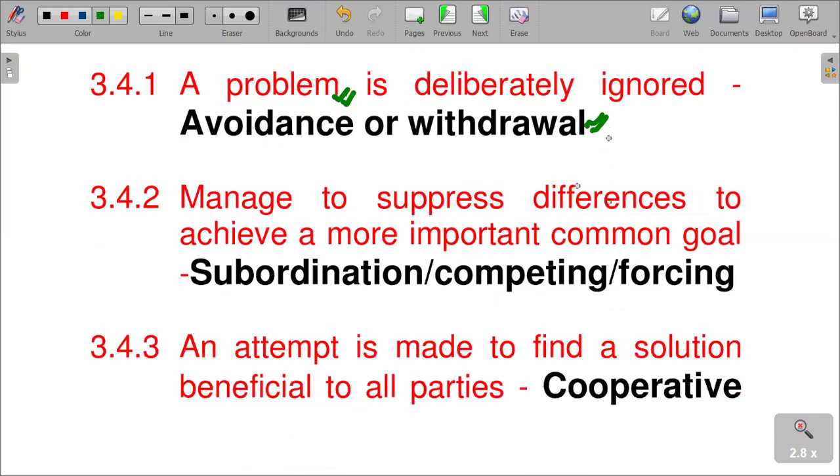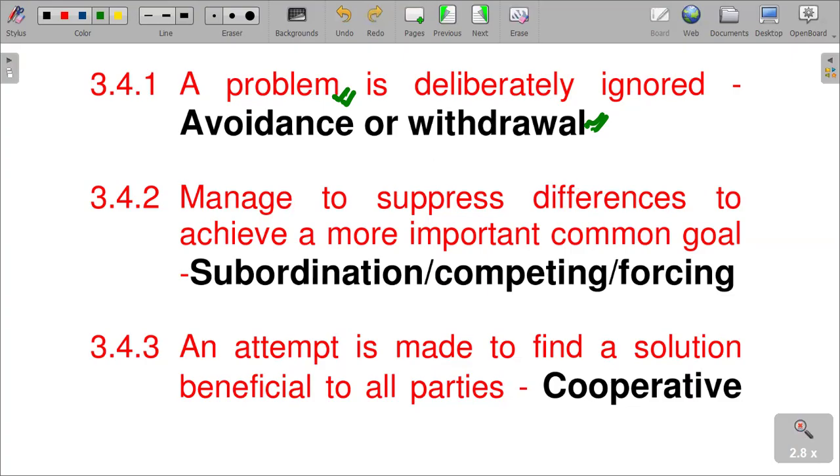Manage to suppress differences to achieve a more important common goal. It is subordination, or competing or forcing.